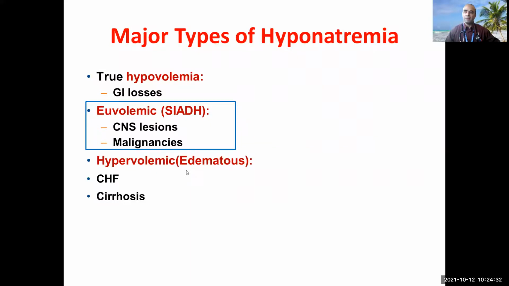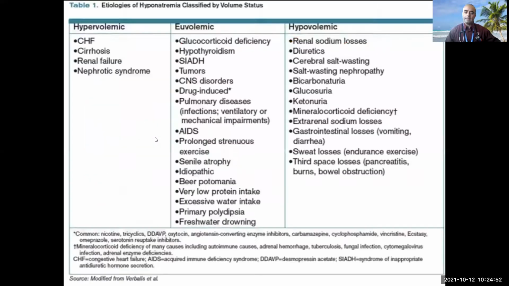We have three major types of hyponatremia. When you see any chronic patient, this patient is hypovolemic, euvolemic, or hypervolemic. Hypovolemic we discussed in the last presentation. Today we will concentrate on the euvolemic type, SIADH, syndrome of inappropriate antidiuretic hormone secretion. We see this patient most commonly with CNS lesions and malignancies. In hypervolemic, we know this is congestive heart failure, cirrhotic liver, and nephrotic syndrome.